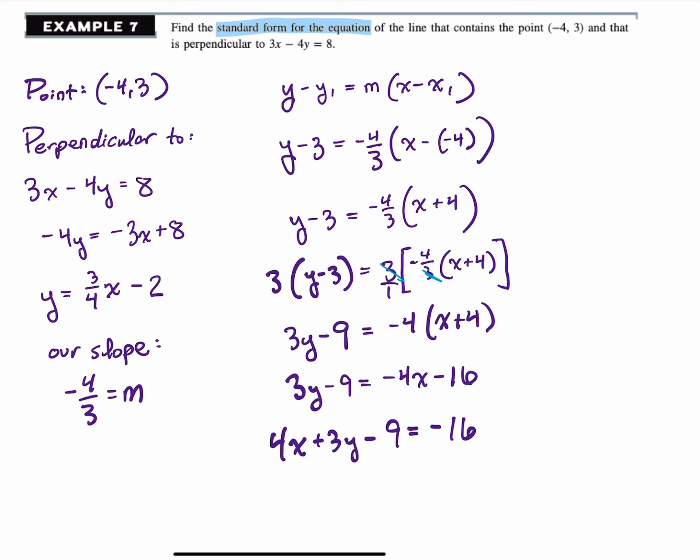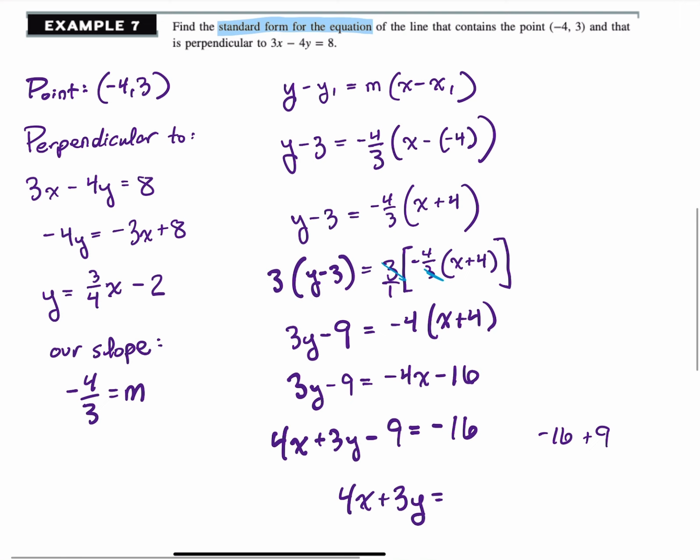So on the left side will be 4x plus 3y. And then on the right side we have negative 16 plus 9. So that should give you negative 7. So now we are in standard form. No fractions, and the leading term is positive. And our x's and y's are on the same side.